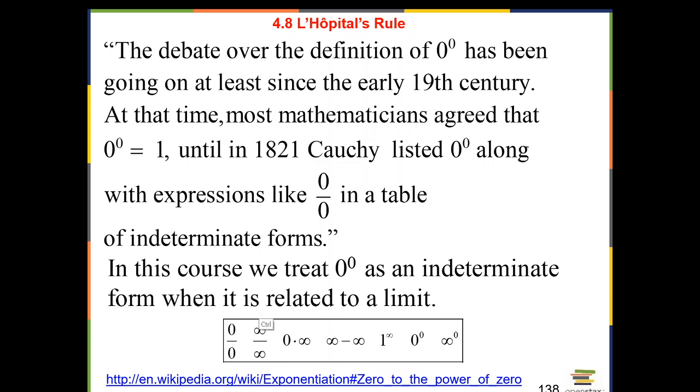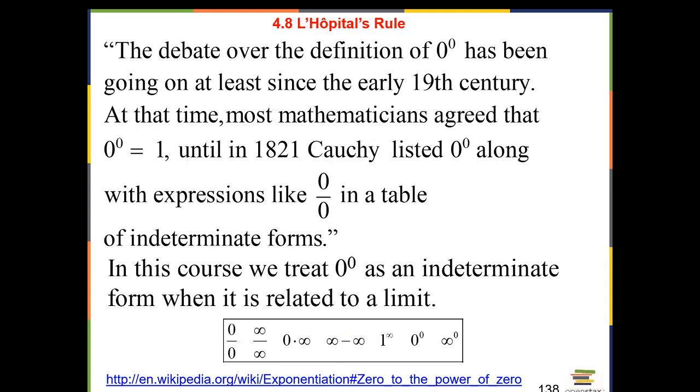So we have 1, 2, 3, 4, 5, 6, 7. All of these can be converted to either 0 over 0 or infinity over infinity. In the notes, you can go to the Wikipedia link here and read more about it. But these are the indeterminate forms that we're going to talk about.